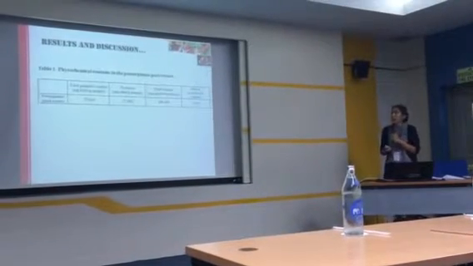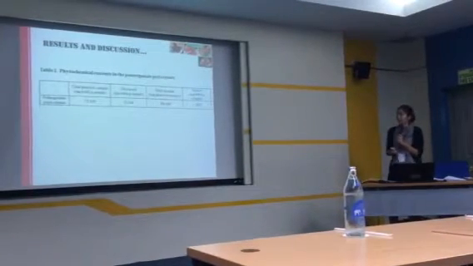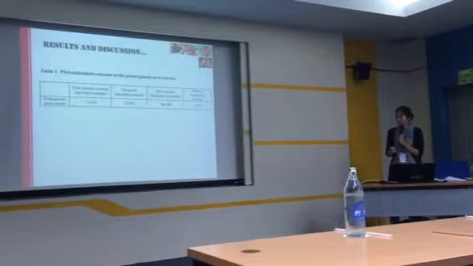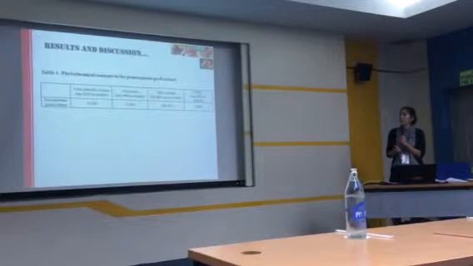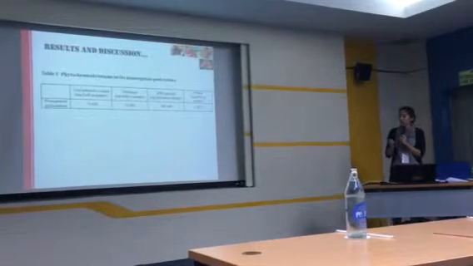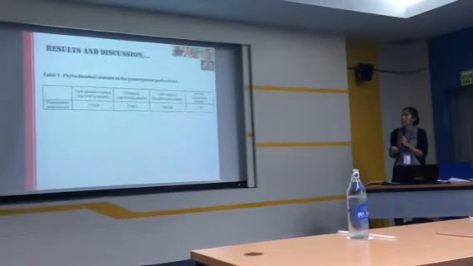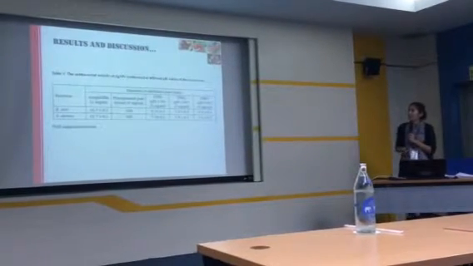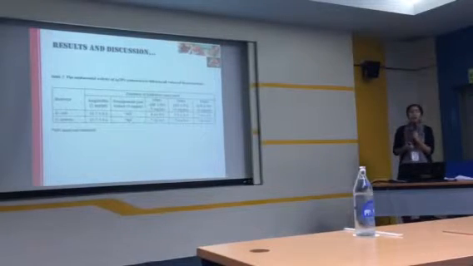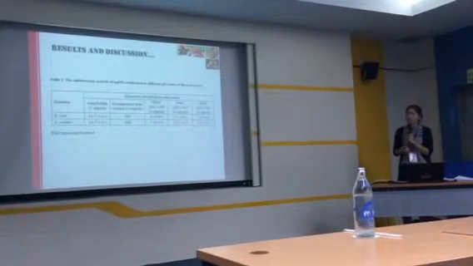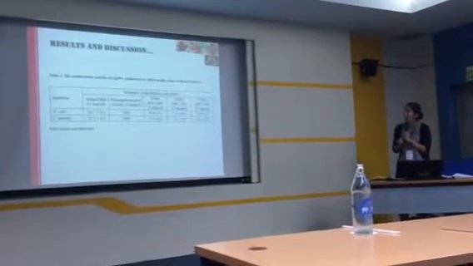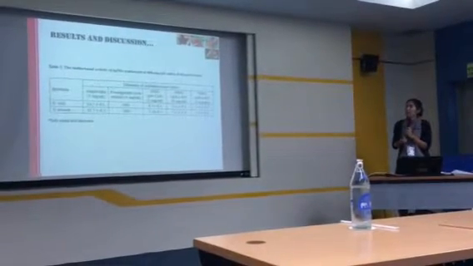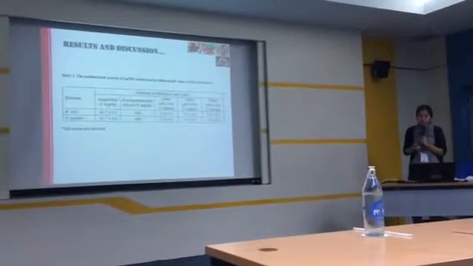The quantity of phytochemical content in the pomegranate peel extract, including total phenolic content, total flavonoid content, reducing sugar, and protein assay, is shown in Table 1. Table 2 shows the antibacterial activity of silver nanoparticles synthesized at different pH values.